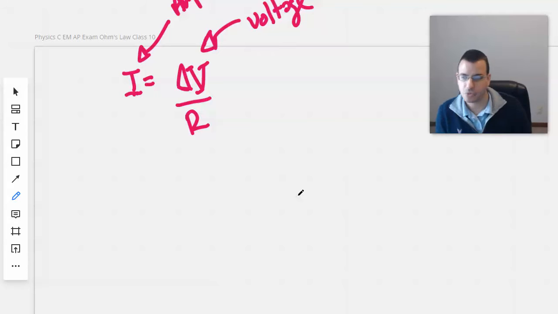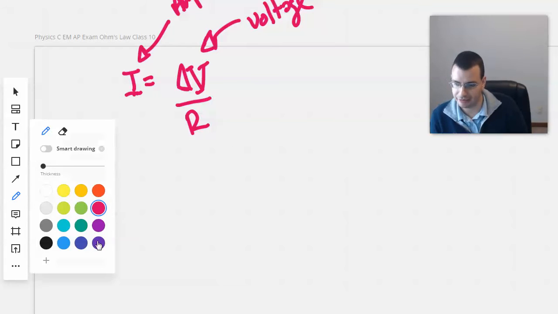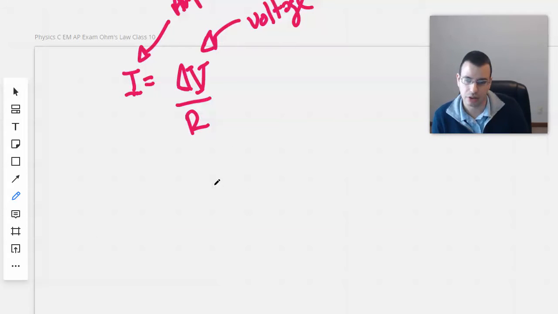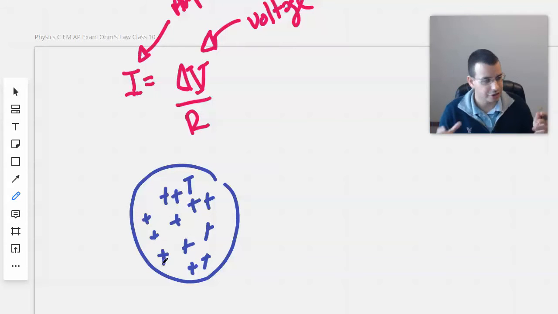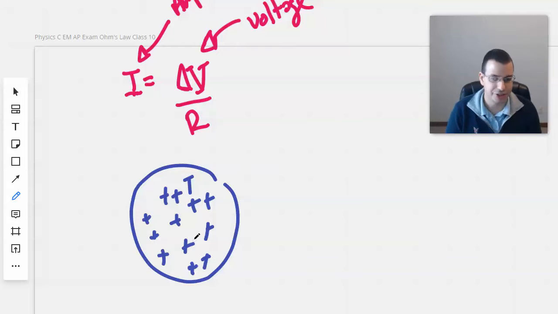So if we have a big mass of positive charges, I know if this is a conductor, then they'd be on the outside, and so I should draw a lot more along the outside, and that's okay. You get the idea.